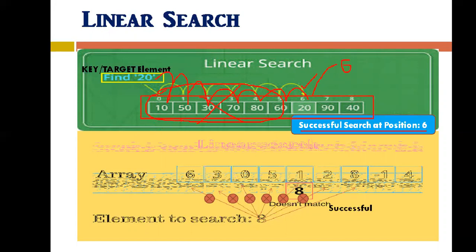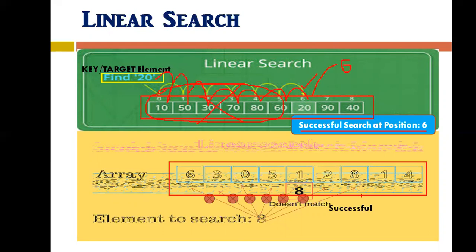The same working procedure you can observe in the diagram below also. In this case, the elements are 6, 3, 0, 5, 1, 2, 8, -1, 4, and the key element here is 8, which will be compared with all of these.